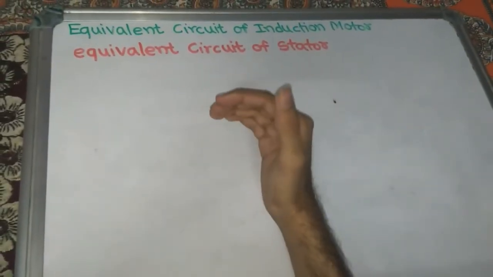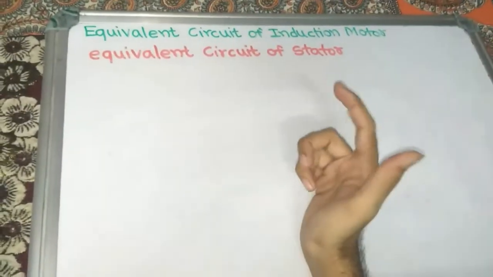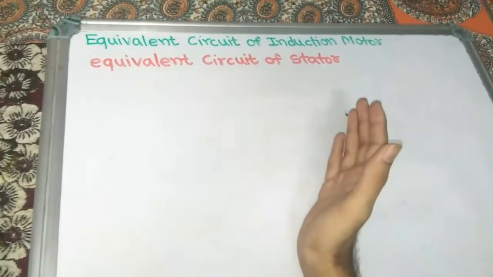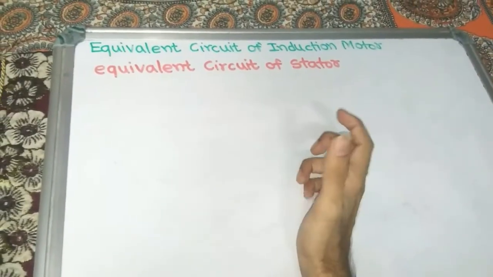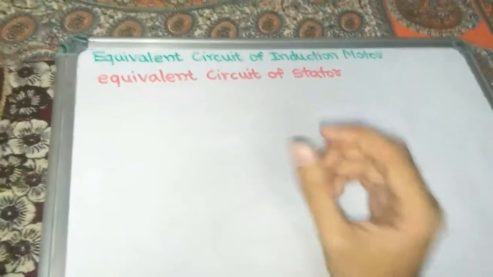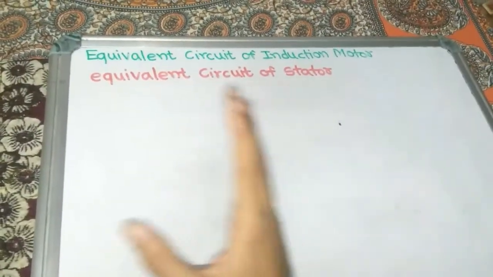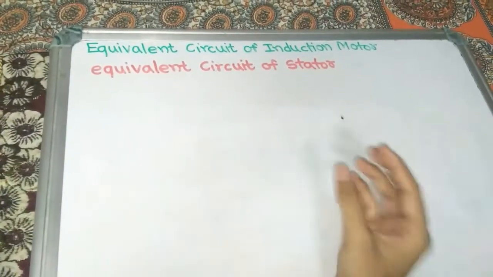So we have to do some arrangements here. First, tell me, what is the difference between a transformer and an induction motor? The only difference is that the secondary winding of the induction motor, that is the rotor, is dynamic, means it is rotating, and is short circuited. And all the other things are common to both the induction motor as well as the transformer.